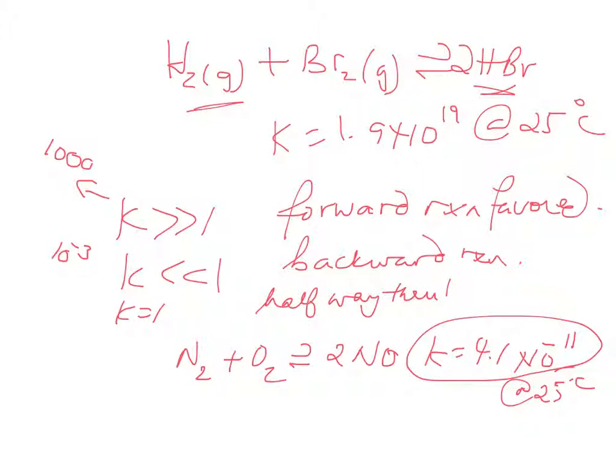All right? Another thing that I wanted to discuss, of course, I gave you the inverse of an equation, the reverse of an equation, which basically means that the forward and the backward are going to be reciprocal of each other. But what would happen if you multiply the coefficients of the equation by a certain factor? Then how does the equilibrium get affected?